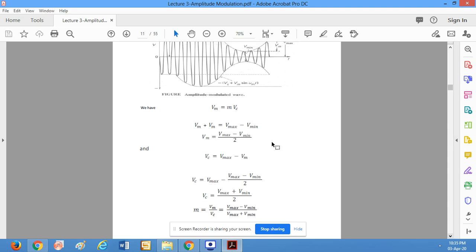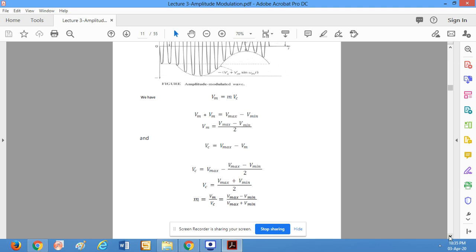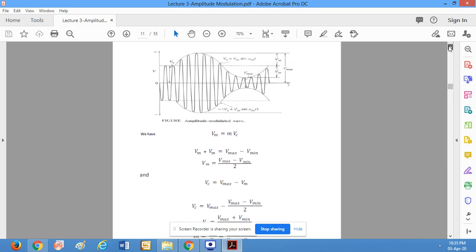Using the formula Vm equals m times Vc, we get m equals the ratio of Vm by Vc. Putting the values of Vm and Vc gives us m equals (Vmax minus Vmin) upon (Vmax plus Vmin), and that is defined as the modulation factor.